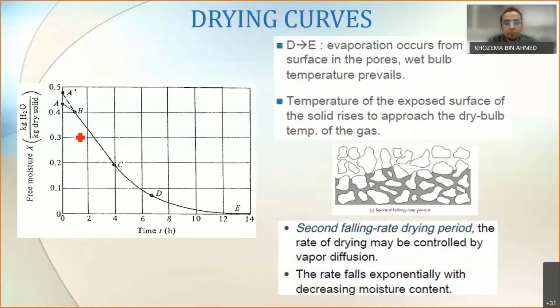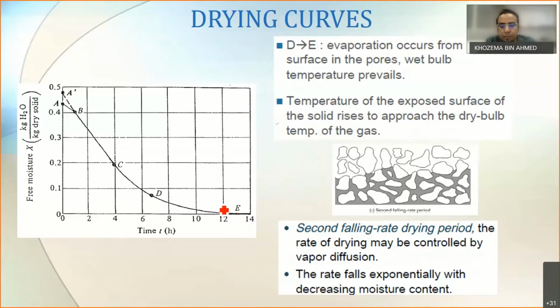And then we come to the point from D to E. The evaporation or drying process occurs from the liquid surface in the pore, and the wet bulb prevails. The temperature of the exposed surface of the solid rises, approaching the dry bulb temperature of the gas. This is what we call our second falling rate drying period.